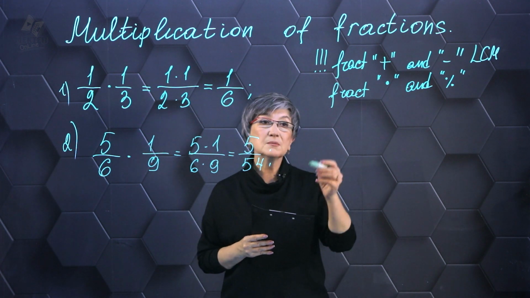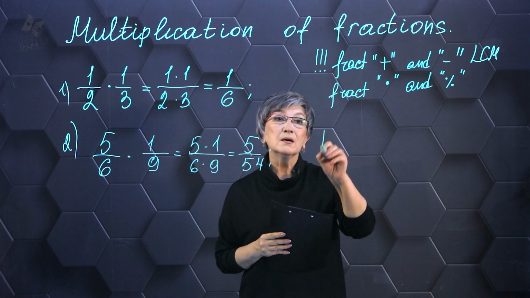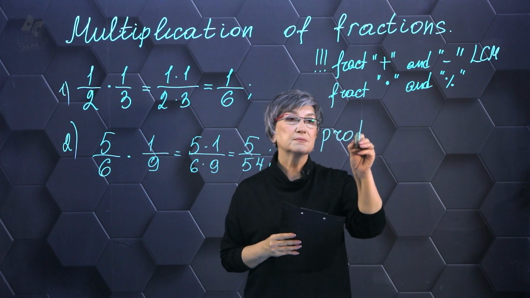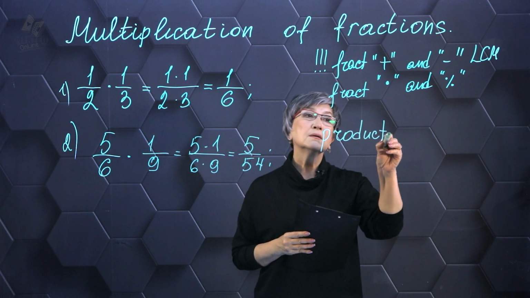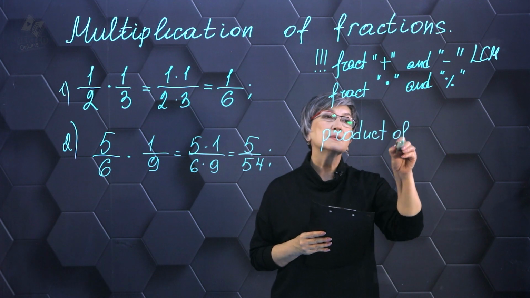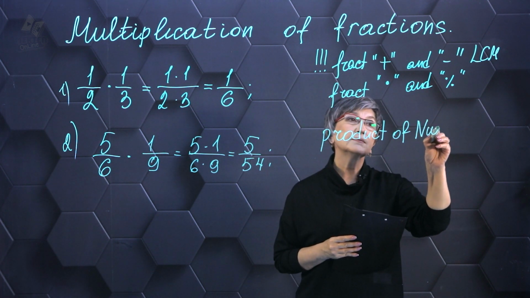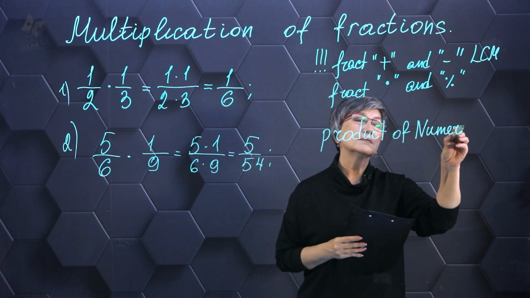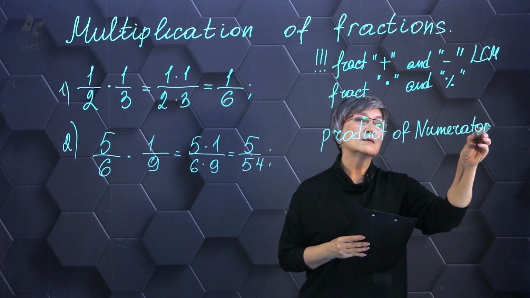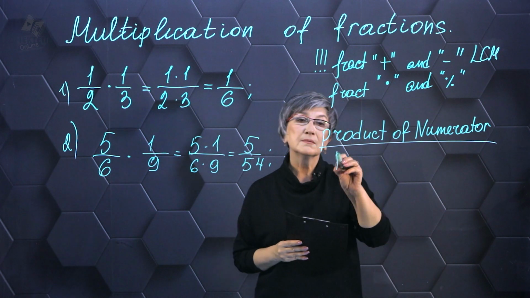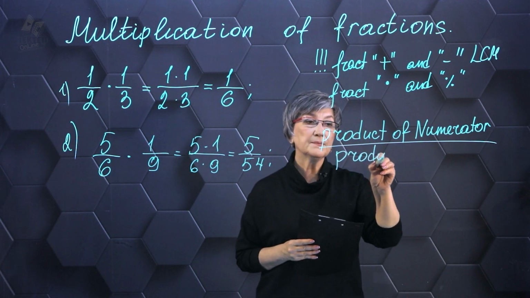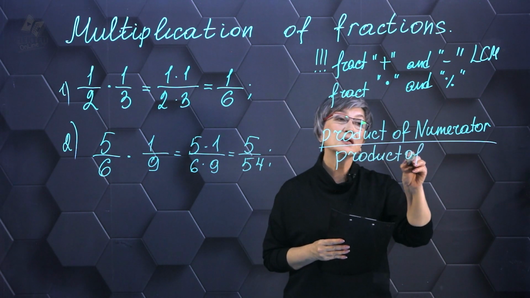So our answer is going to consist of the product of our numerators over the product of our denominators.